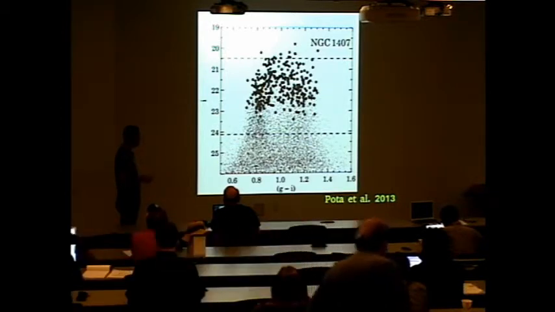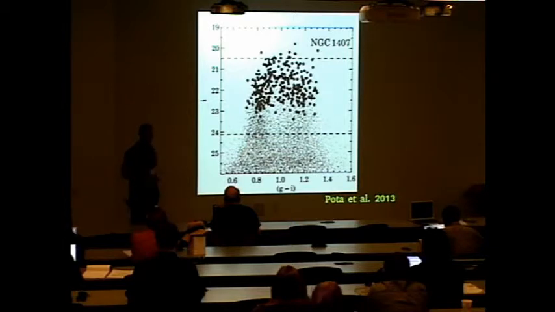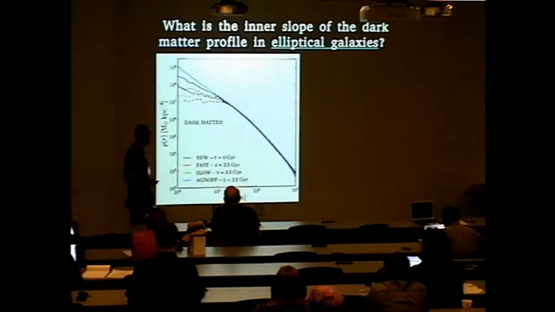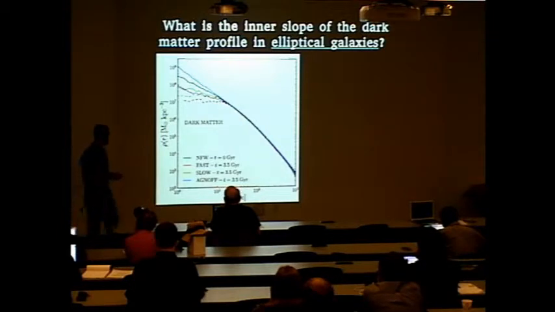So far, people have given talks about cusps and cores in dwarf ellipticals, and the reason is very simple. If you assume that the total mass of the galaxy is made up of the stellar mass plus the dark matter mass, in dwarf galaxies the stellar mass is negligible with respect to the dark matter mass, so you can ignore that term and focus on the dark matter mass.